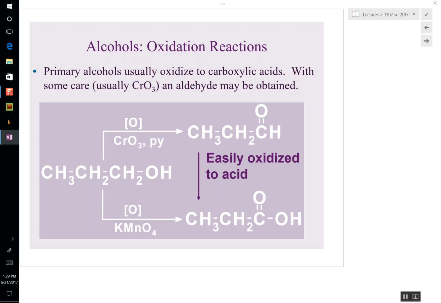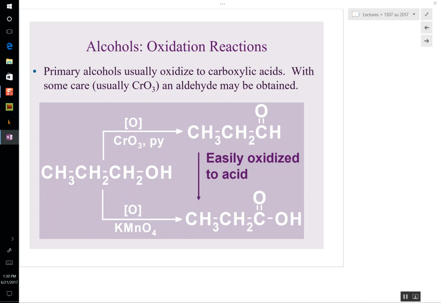This could go further, or you could use a stronger oxidizing agent, and it would carry it right through to here. This is even more oxidized. That's a carboxylic acid.